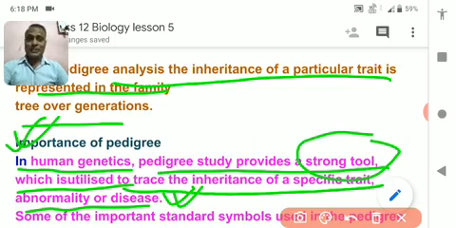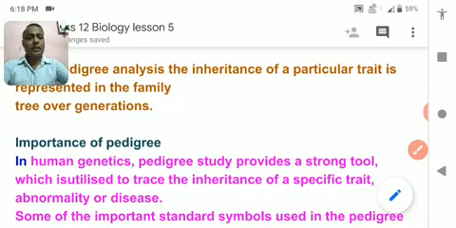Isn't it? I think you understood. If the character has come or not come, it can go to the next generation. So you can also analyze whether the future generation may have the same kind of problem or not.